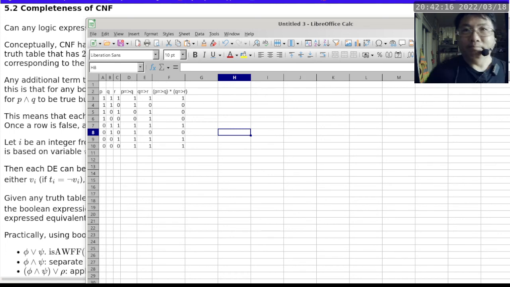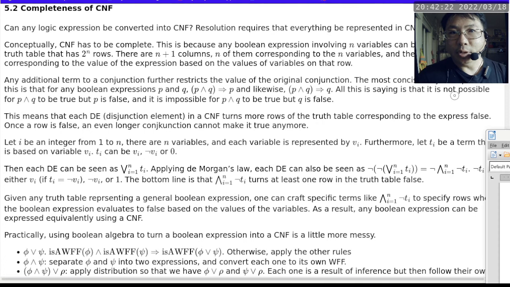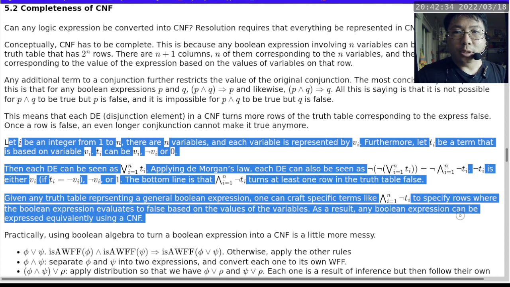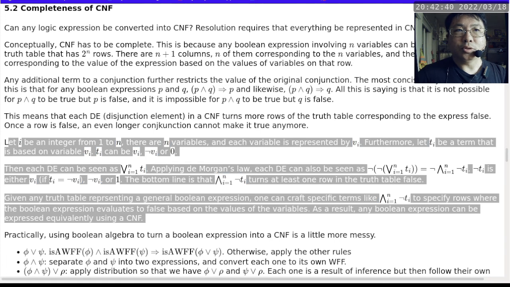Anyway, we're moving on. We are now going back to the notes here. This portion here is basically arguing that there is a way to specifically turn certain rows off.